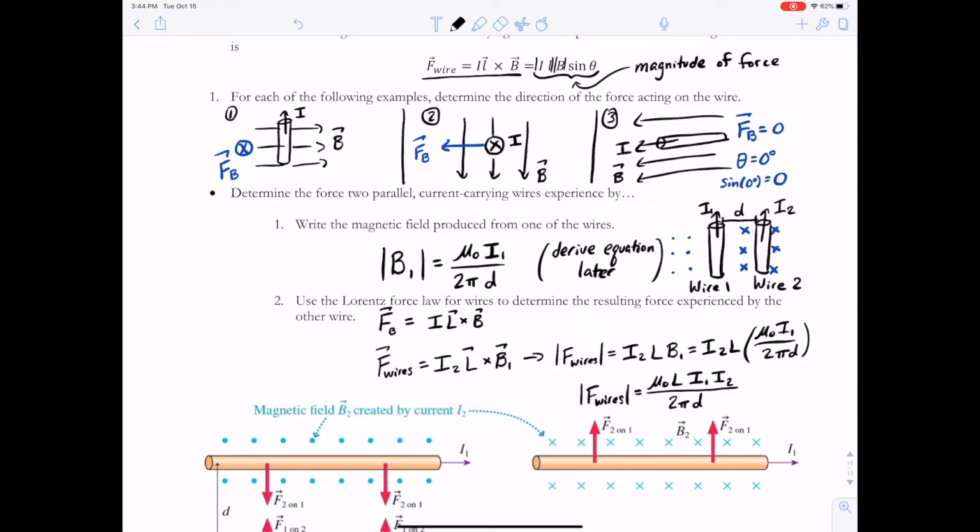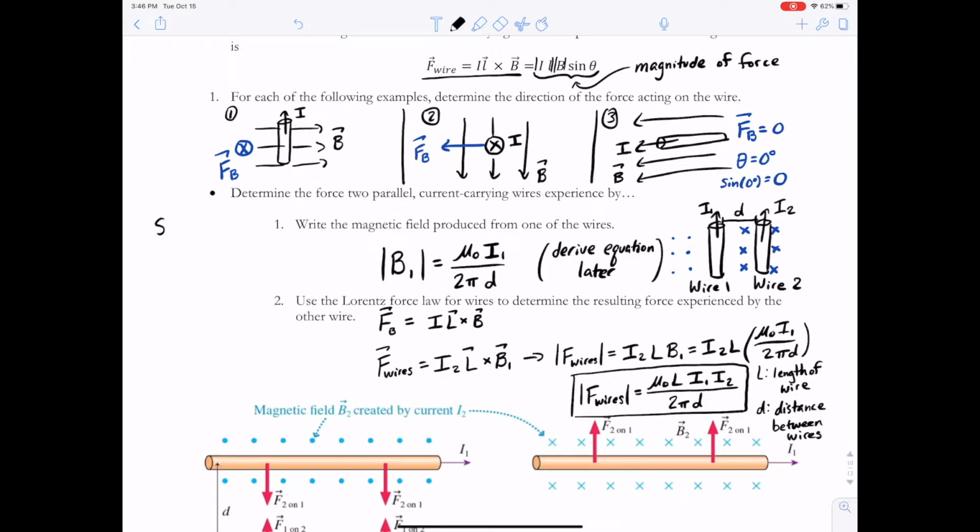And if we were to repeat this process where we found the magnetic field created by wire 2 and then found the force on wire 1 by that magnetic field, we'd get the same expression that I'm now boxing. This idea that wire 1 creates a field that then exerts a force on a second object should be familiar to us because it's very similar to what we saw for the electric force between charges.